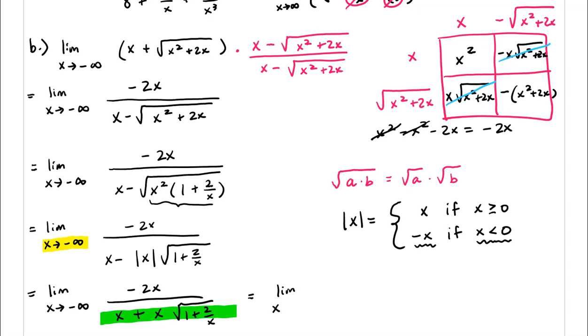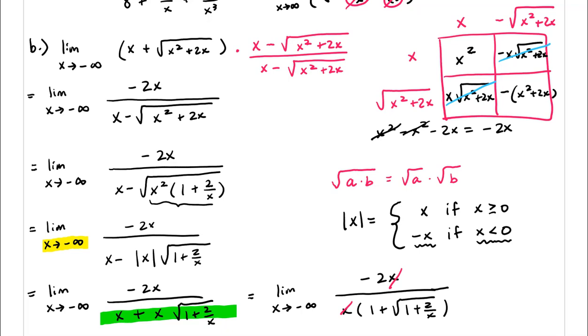So I have the limit as x approaches negative infinity. If I factor out x, I would be left with 1 plus 1 times the square root of 1 plus 2 over x. Notice that I didn't write that second one. You can if you'd want to. And then now what happens is I have this x and this x, they will divide out.